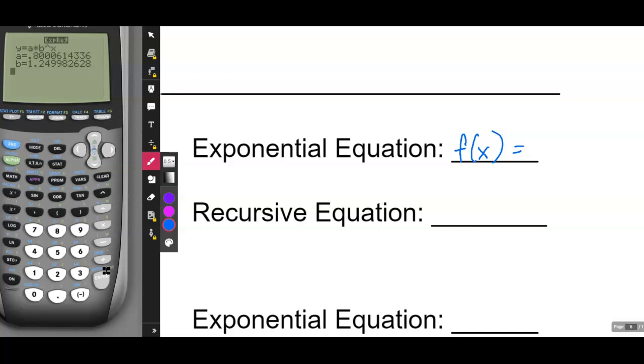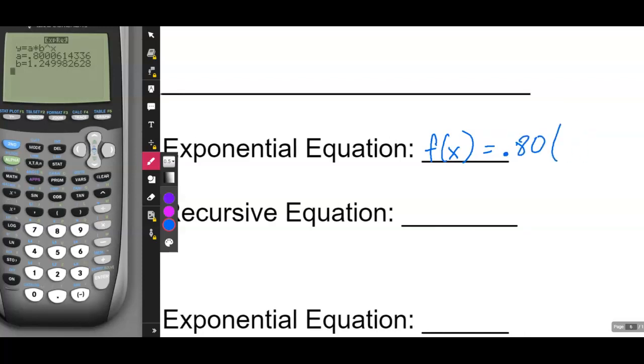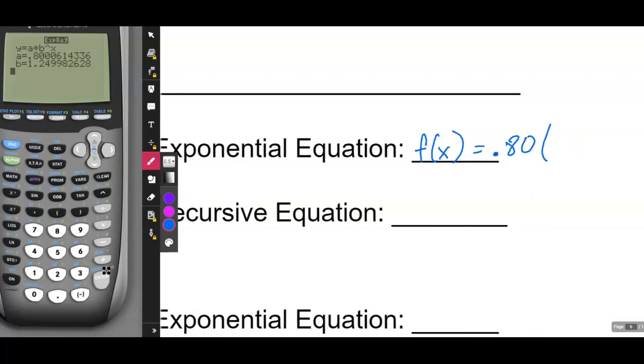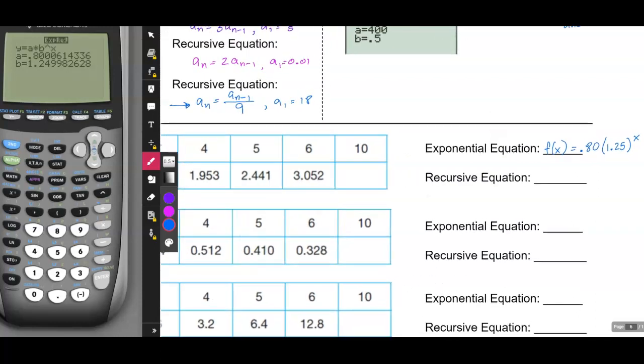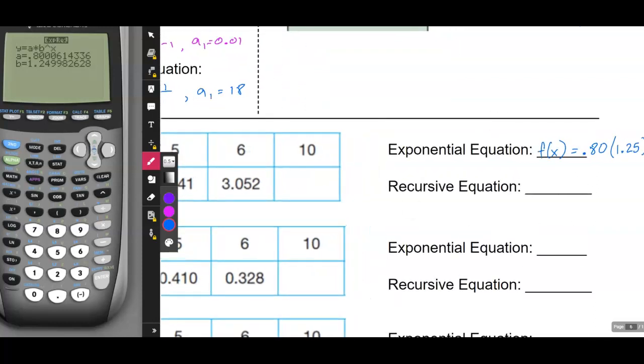Just round to the hundredths place. 0.80. And then what's our base? 1.25, to the power of X. And we're done. It does then want us to find what the 10th value is.